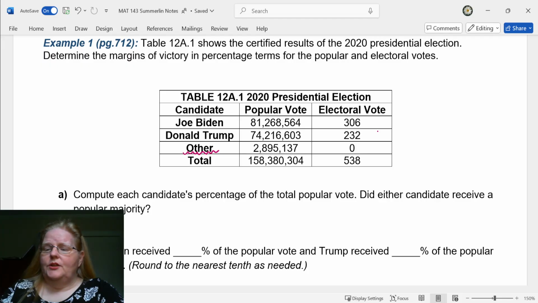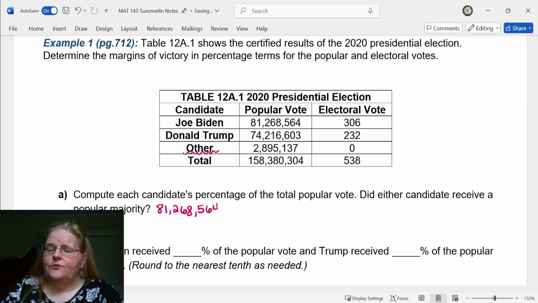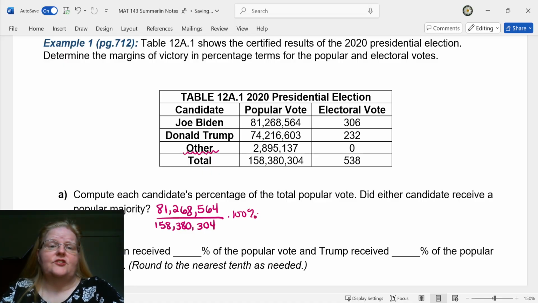So they want us to compute each candidate's percentage of the total popular vote. Did either candidate receive a popular majority? So when we go to figure out Joe Biden's popular vote, we have to put how many Biden received. So that's 81,268,564 over 158,380,304, and then we'll want to multiply it times 100% so that we can get a percentage out of it.